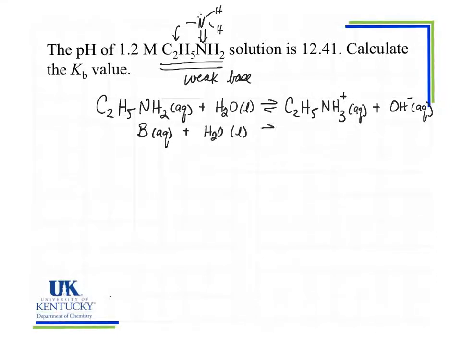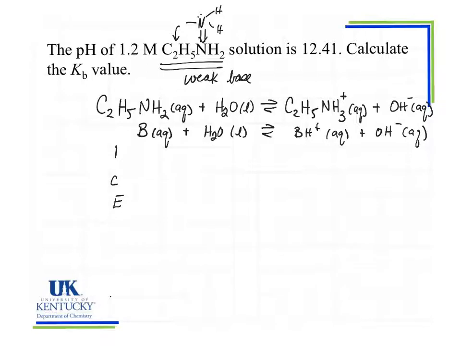What will it do? It will accept a proton and become the cation, and the water will become OH minus. So you will sometimes see me write it this way just because it always gives me that same reaction. I'm going to leave room for an ICE table underneath that.